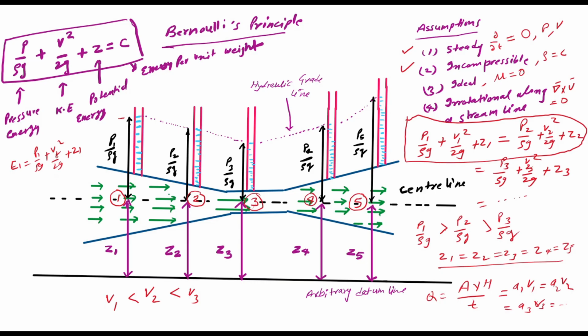Similarly E2 is P2 upon rho g plus V2 square upon 2g plus Z2, right? So finally we will get E1 equals E2 equals E3 equals E4. It means this verifies the Bernoulli equation, right?